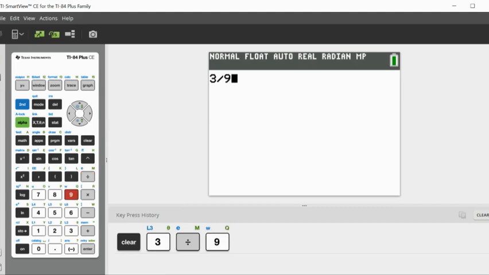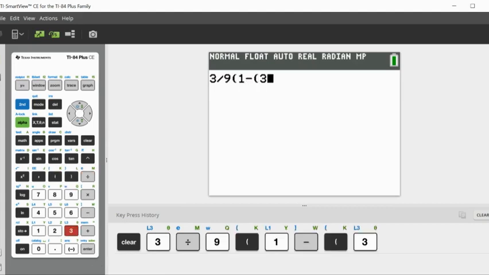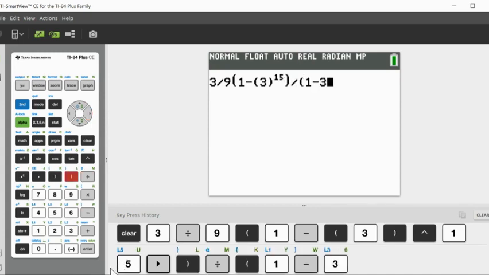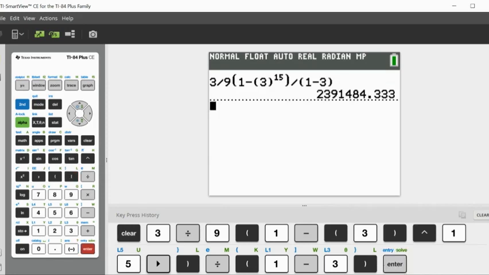So I'll start with 3/9, then our numerator. We get this answer, 2,391,484.333. So that's and 1/3.